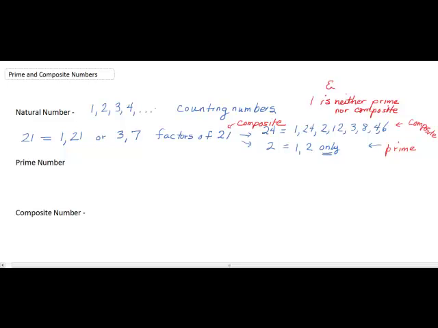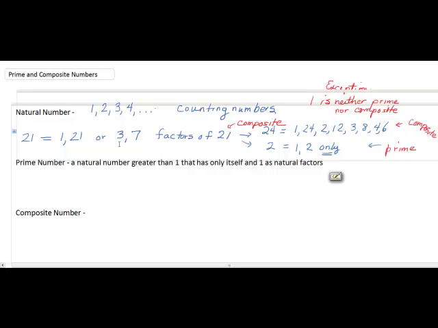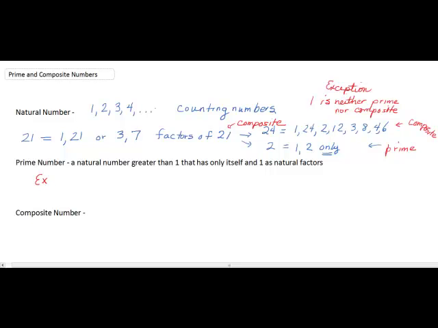So let's talk about a definition of what a prime number is. A natural number greater than 1 that has only itself and 1 as natural factors. That's our definition of a prime number. So one of the counting numbers from 2 on up that has only 1 and itself as natural factors.